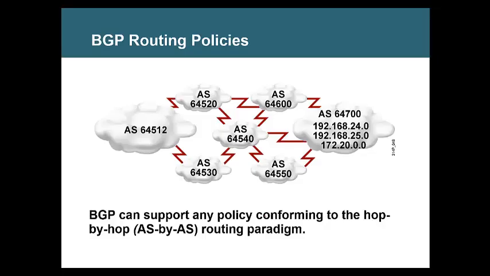Now, BGP is an autonomous system by autonomous system routing protocol. Here, one autonomous system is one hop. See, if I want to go here, this is one hop, this is two hop, this is three hop, this is four hop.